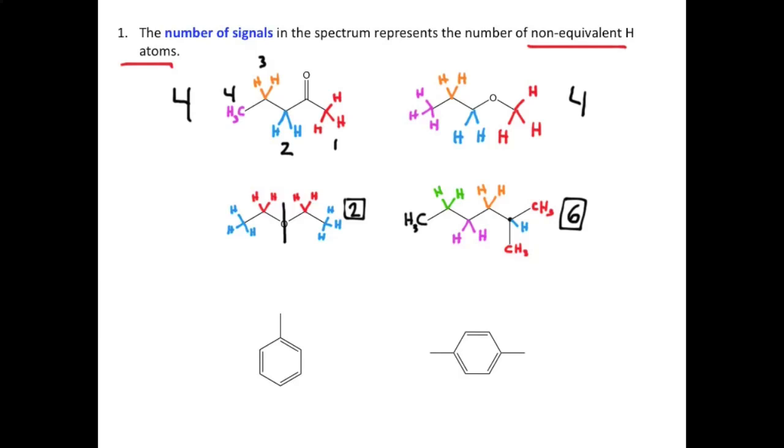If we look at our example of toluene, what we can see again is we have symmetry. So the left side of the molecule is going to be identical to the right side. So let's draw in our hydrogens. Let's not forget the methyl group. Those are equivalent. The 3 H's in red are equivalent. Then we have H's on the right. 1 H. That is equivalent to the H on the left.